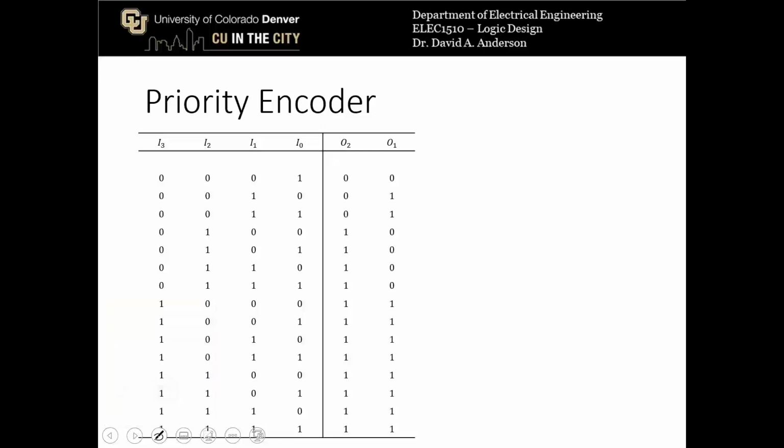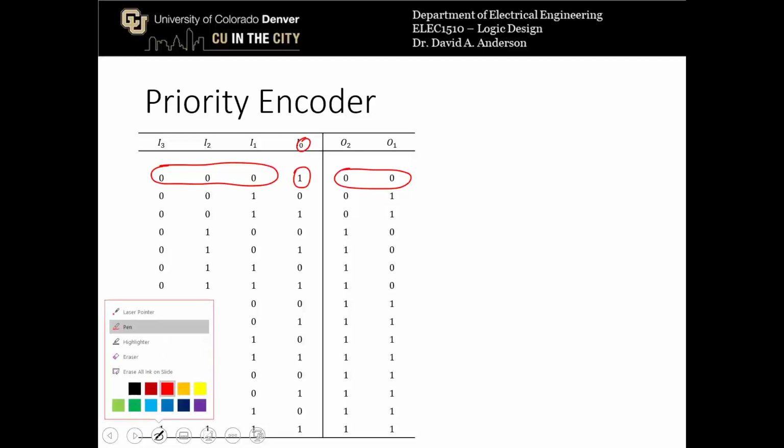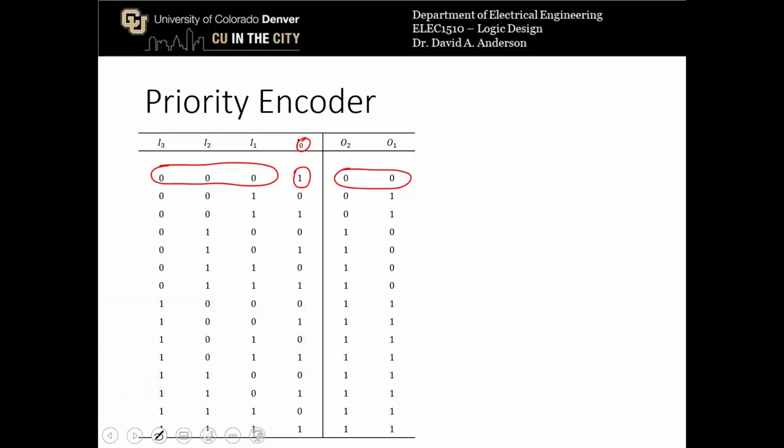So let's start with the case where an alert with priority level 0 has arrived and no alerts with priority level 1, 2, or 3 have arrived. So that priority level that has arrived is reported at the output. That was level 0, which we see being reported at the output. Now, let's say that we have a case here where a priority level 1 input has occurred.